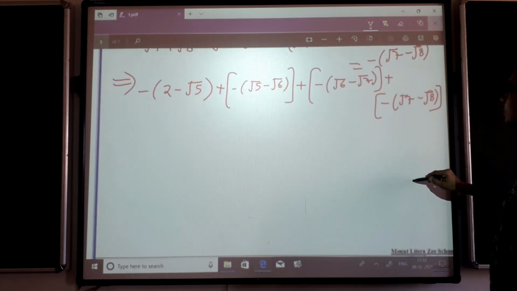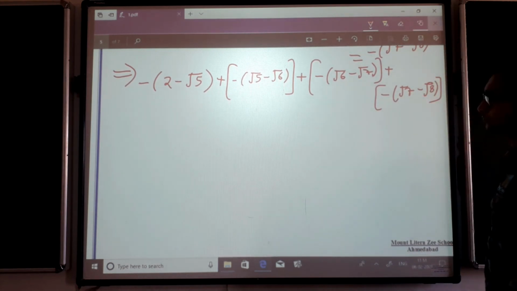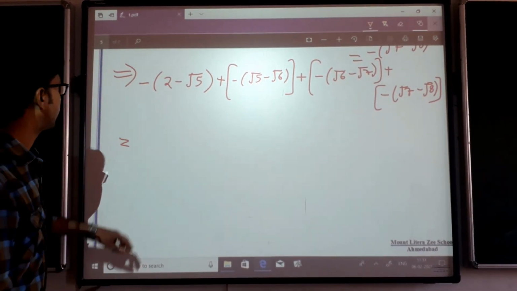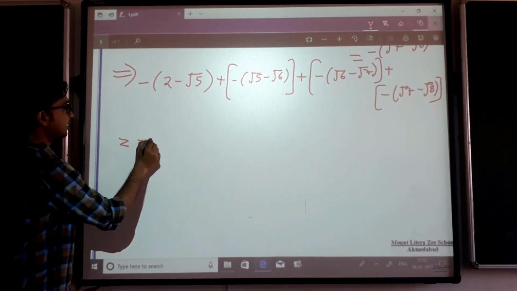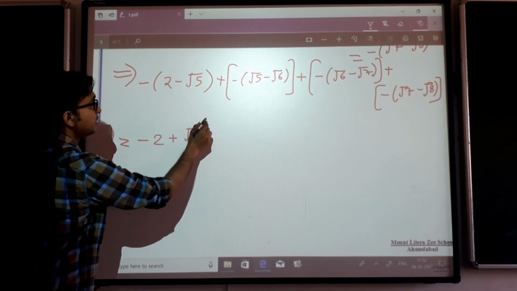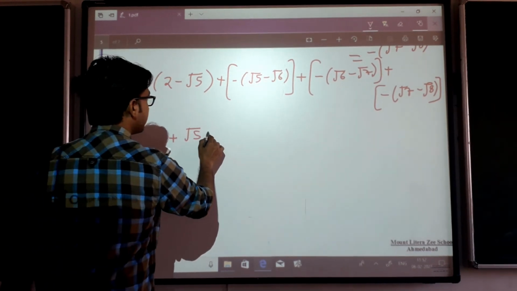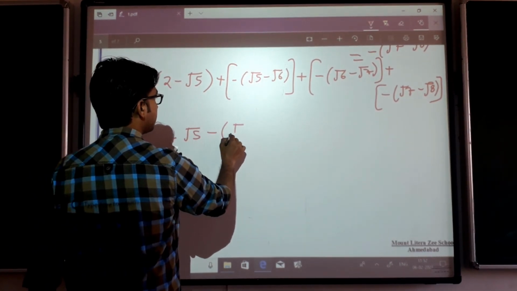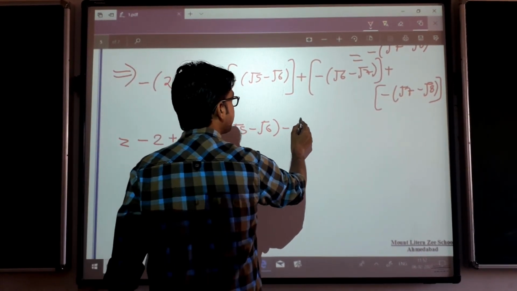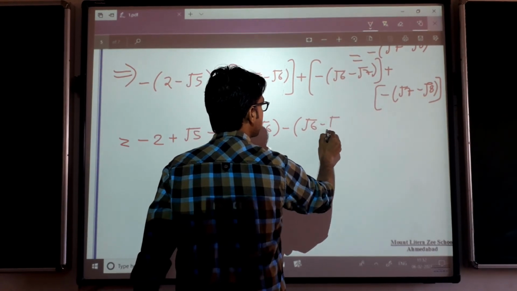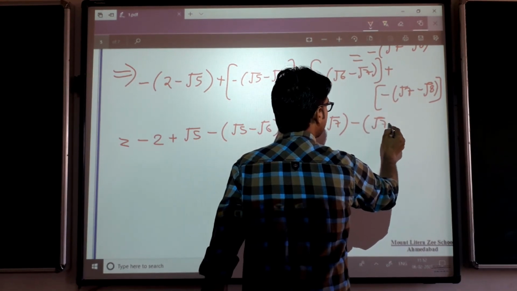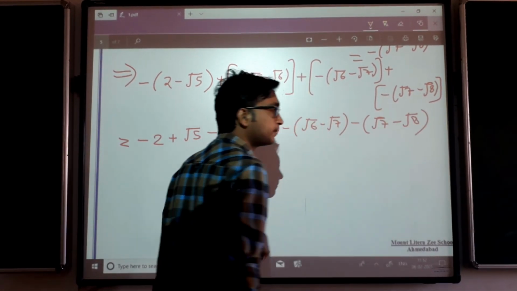Let's simplify this. Open the brackets. As here is minus, we can write it as minus 2 minus minus, plus square root 5. Open this, so we get minus (root 5 minus root 6), minus (root 6 minus root 7), and minus (root 7 minus root 8).